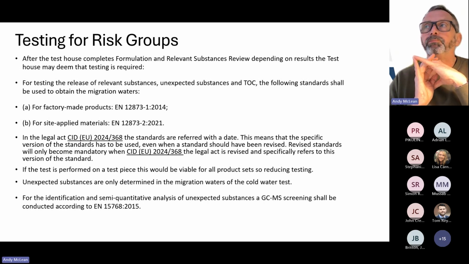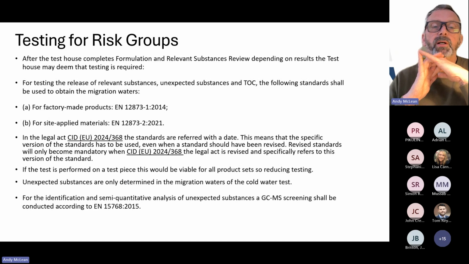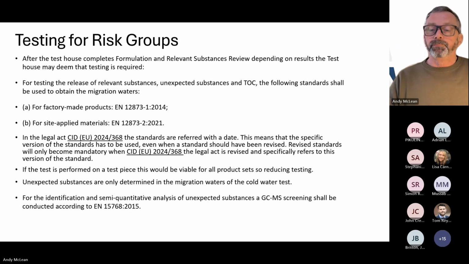So the test house may look at the product and find that there is some sort of unexpected substance due to the processing. So they may ask for a test for that relevant unexpected substance.